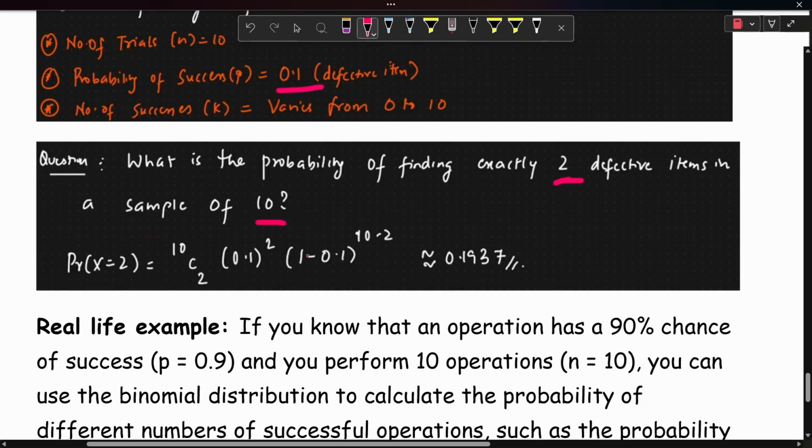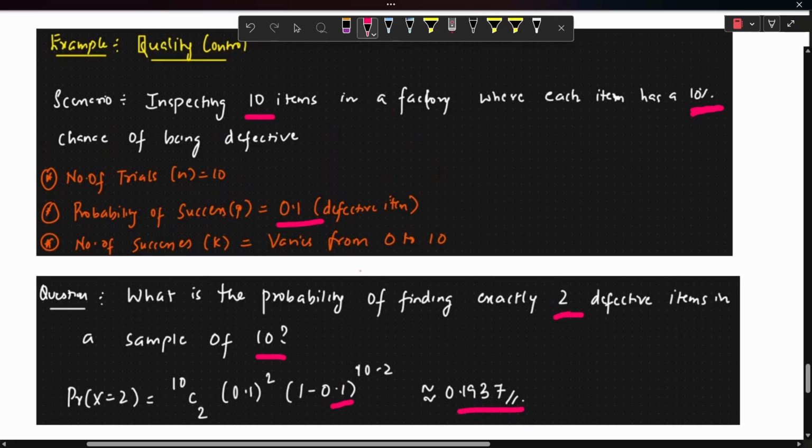The 0.1 into (1 minus 0.1) power 10 minus 2. We get 0.1937. So there is a 19% chance that there are exactly two defective items when we have 10 items. This is really important in the manufacturing industry to know what items are defective and how to control it.